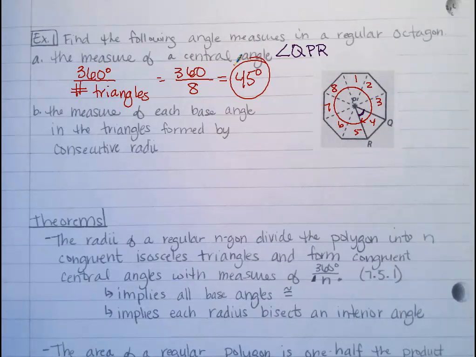How about the measure of each base angle in the triangles formed by consecutive radii? Let me erase some stuff here. That was our central angle. So now we need our base angle. What would a base angle be?